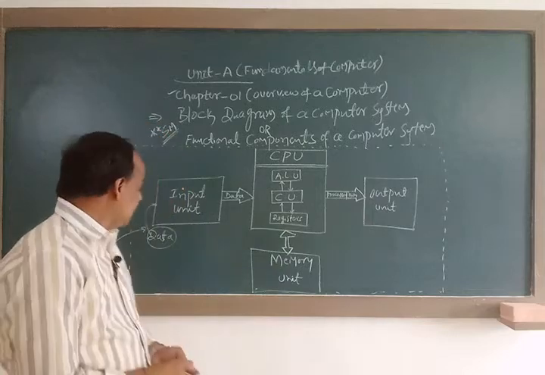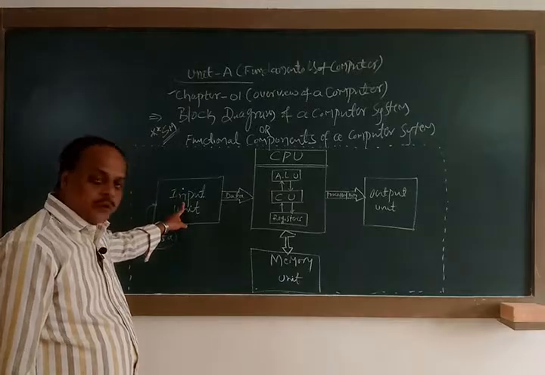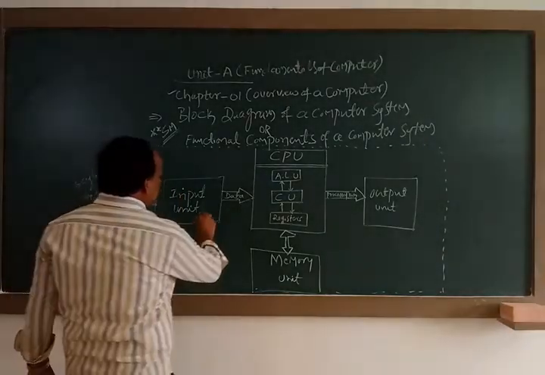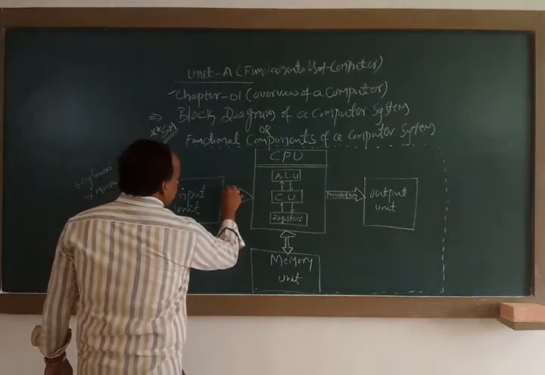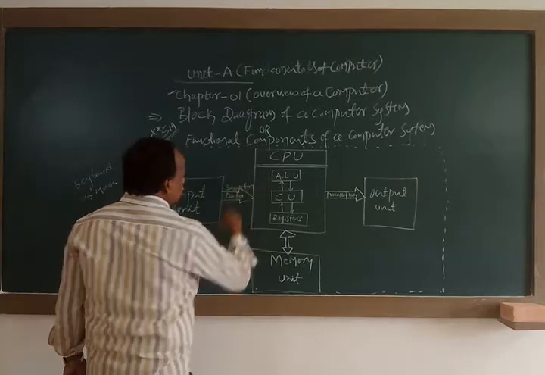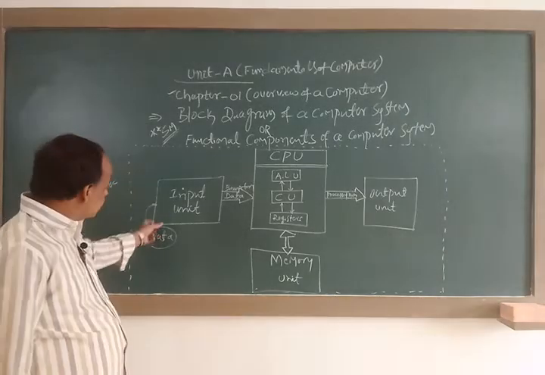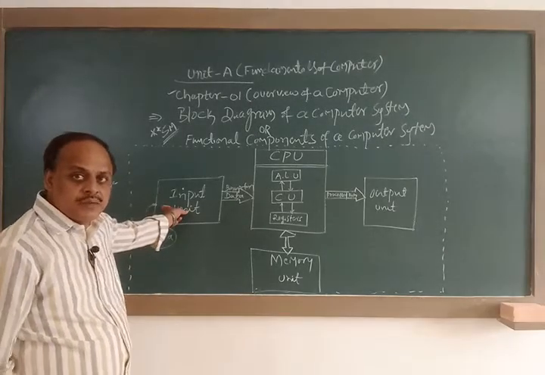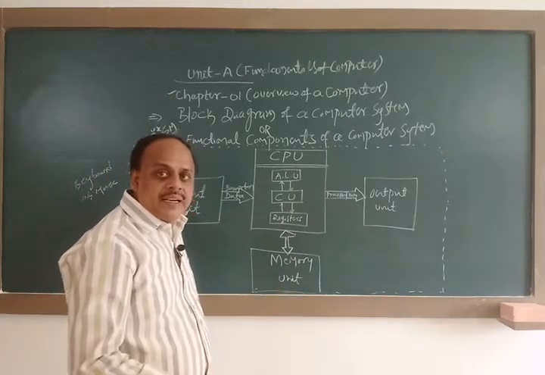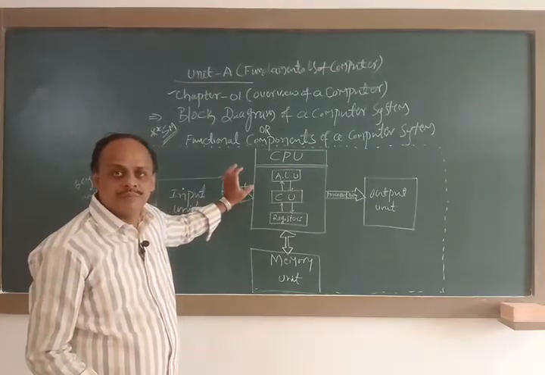That's why whenever the user enters data, that data is accepted by the input unit, and it converts that data into binary form. Right? This input unit has some electrical circuits, and with the help of those electrical circuits, data is converted to binary form.